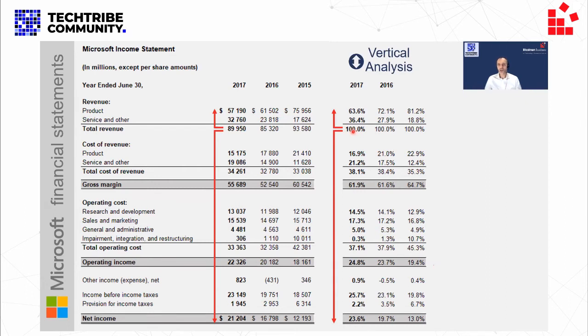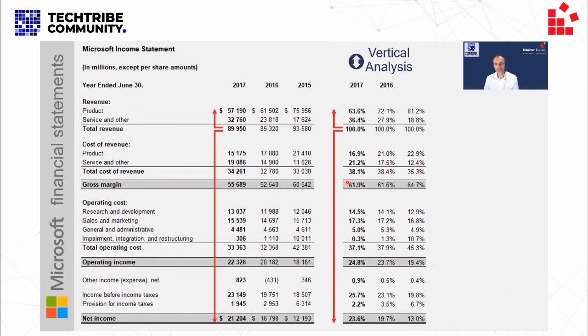And you can immediately see how useful that is, because now we see that in the 2017 financial year, Microsoft products were 63% of revenue and services were 36% of revenue. So that gives a little bit of insight into where Microsoft's revenue comes from: how much from products, how much from services.